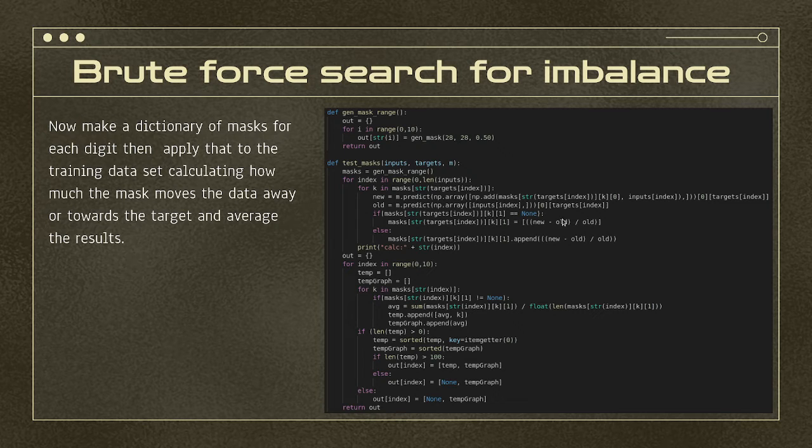And we are going to test each one of these masks to see how much change this makes for going towards or away from the target, so we can rank how much this mask either enhances the particular data towards the label that it should be, or how much it decreases that.